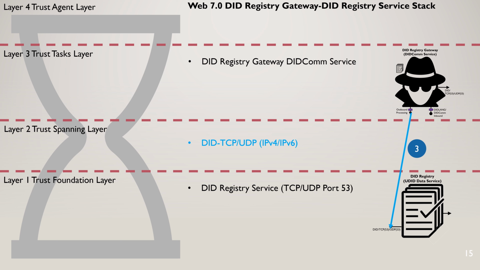So we classify this as an IPv4 protocol when we get to the SAM stack SLAM, but we're actually passing DIDs specifically over TCP or UDP between the DIDComm registry gateway and the DID registry.